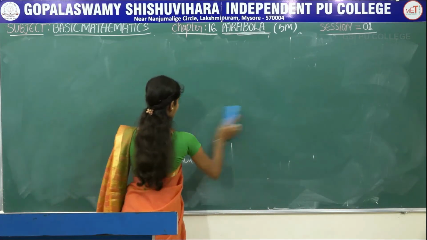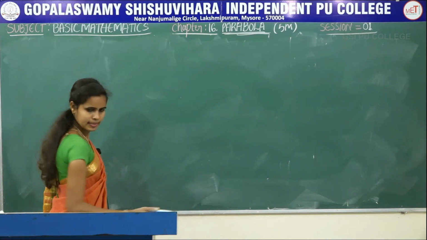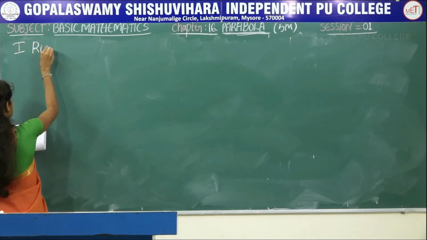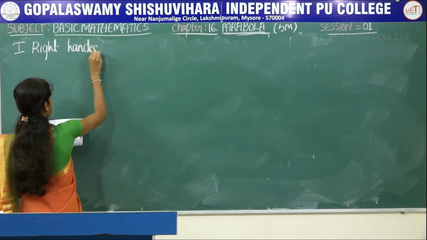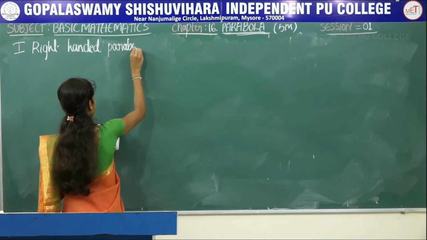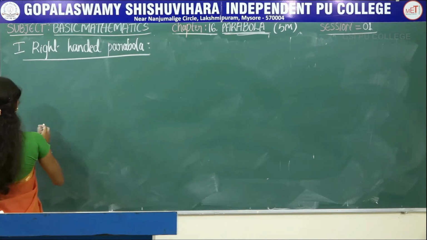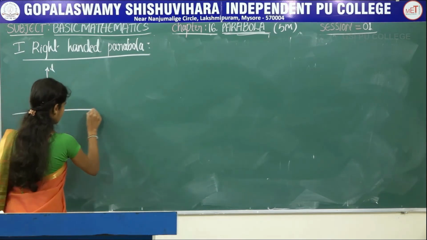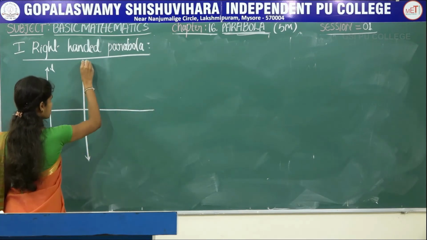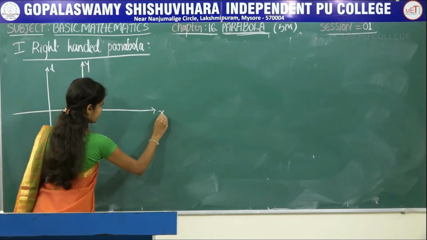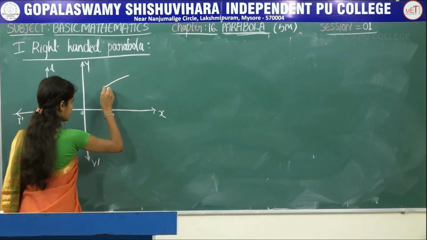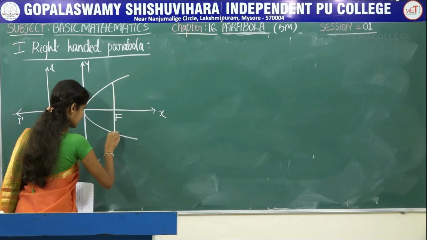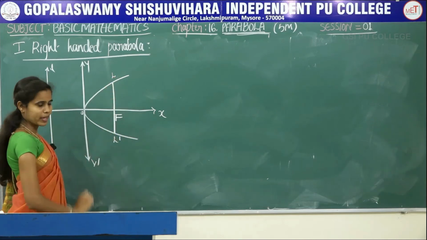So first consider the right-handed parabola. The graph of the right-handed parabola: this fixed line L is called the directrix, in a coordinate system, symmetric with respect to the positive x-axis, with focus F. The directrix endpoints are denoted by L, L dash.